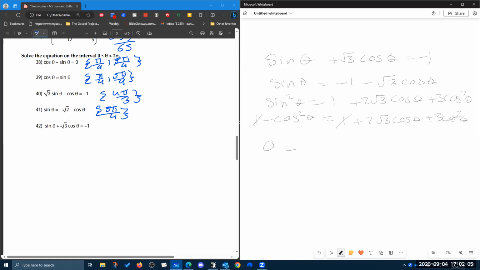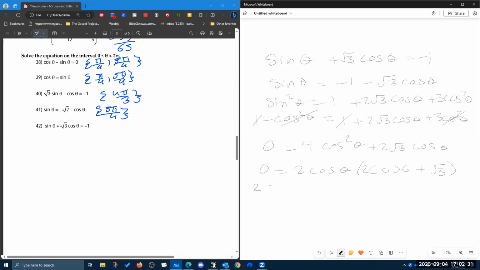That's a 0. So I'm going to be able to pull out 2 cosine theta as a common factor and be left with 2 cosine theta plus root 3.